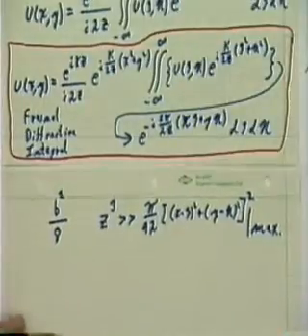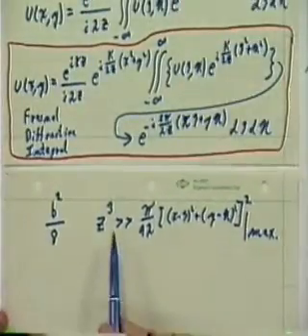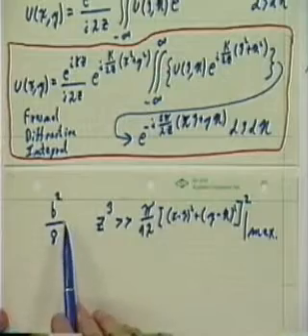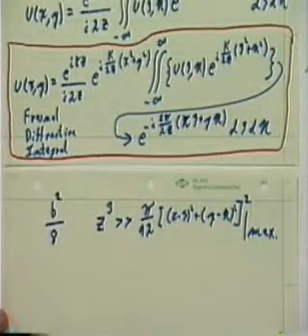Okay? So we assumed that this was true, so we could drop the next order term in the binomial expansion.